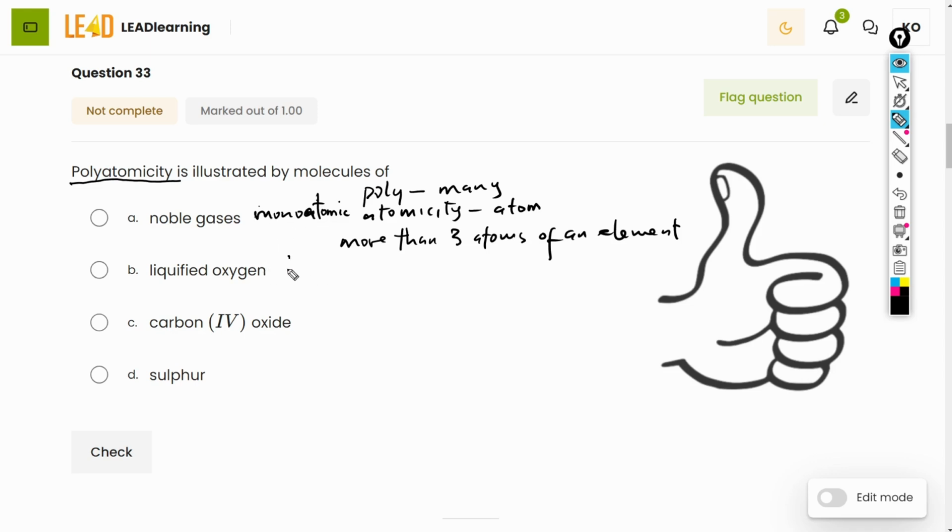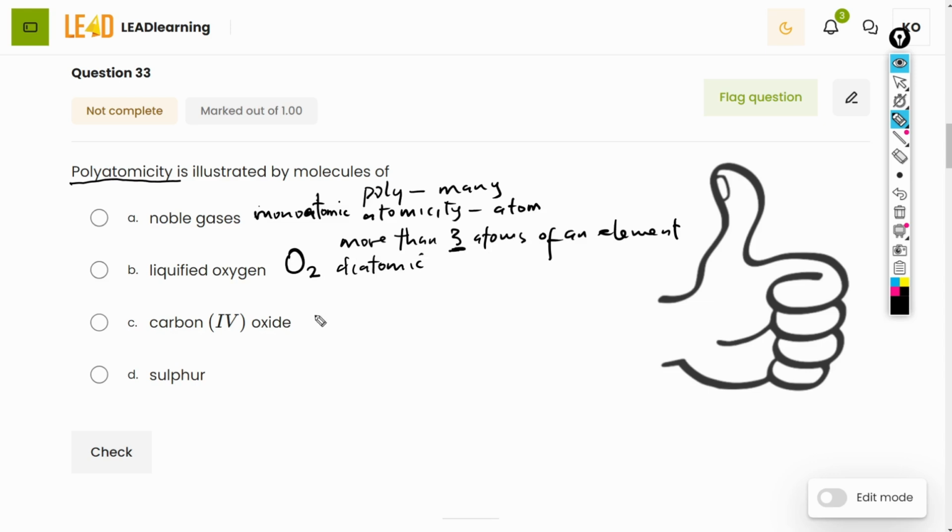Liquefied oxygen is diatomic. Our definition says that for any molecule to qualify as polyatomic, it needs to be made up of more than 3. Carbon 4 oxide, so liquefied oxygen is diatomic.